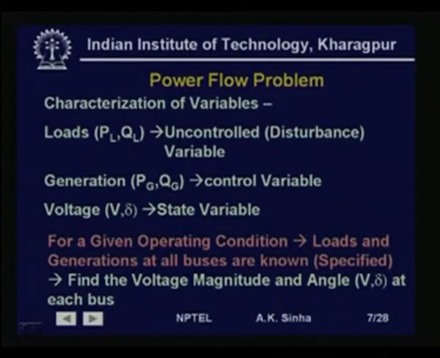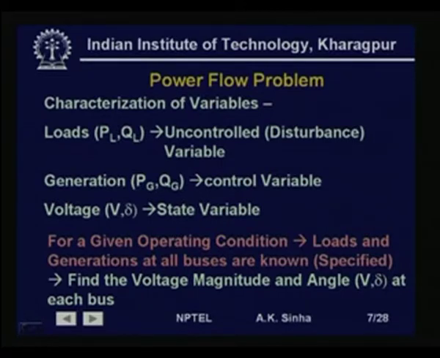So, we call these loads, the PL and QL at all the buses, uncontrolled or disturbance variables, that is, they are under no control of the operator, and can be treated as a disturbance in terms of any change occurring in these loads. Now, generation can be changed by the operator, and therefore these are control variables, because the operator can always control them in such a way that the real power and reactive power are always balanced with the load.